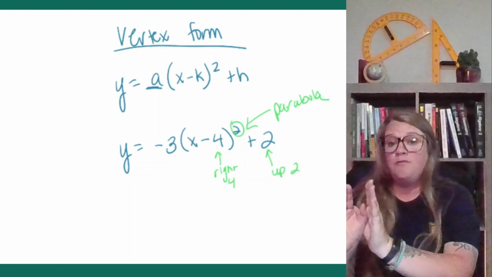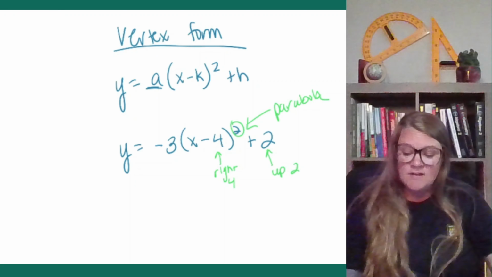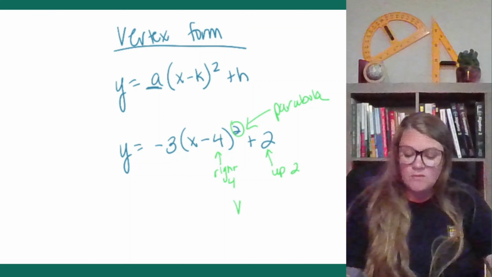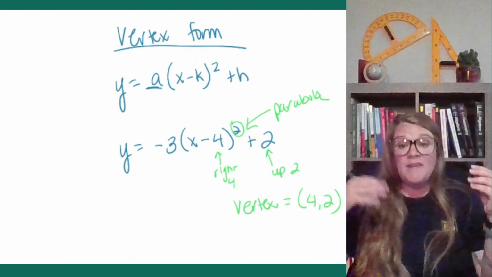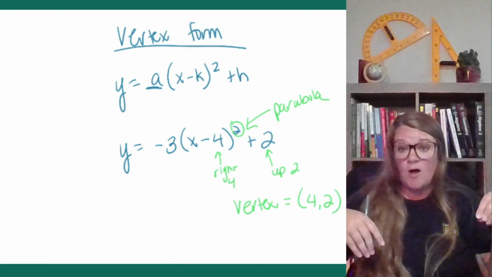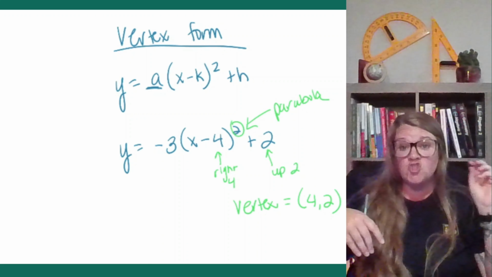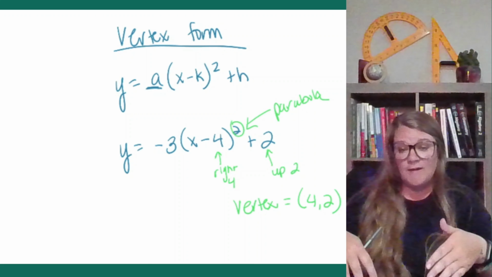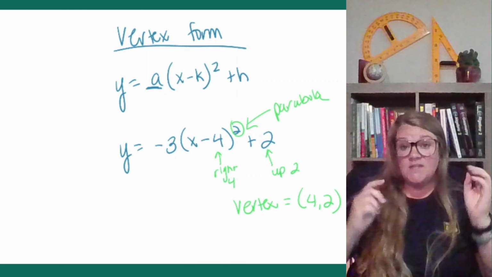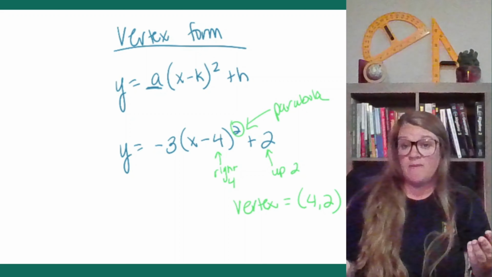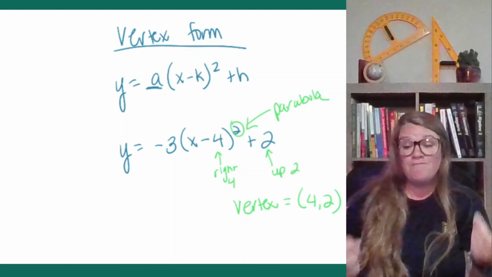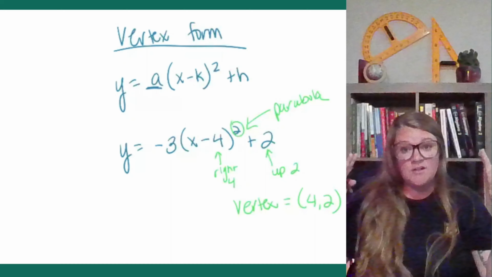To the right 4 and up 2 is the point 4, 2. So this is why vertex form is so helpful. It tells me my vertex just by looking at it. Since this is moved right 4 and up 2, my vertex is going to be at the point 4, 2. There are some more things that it tells me, though.